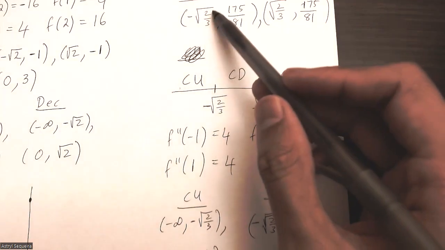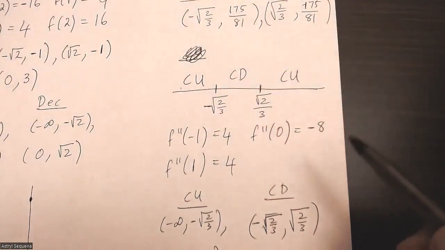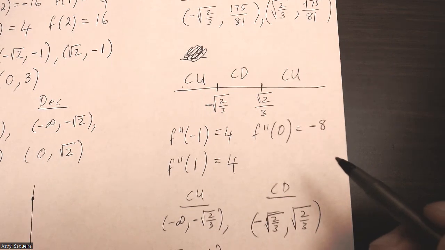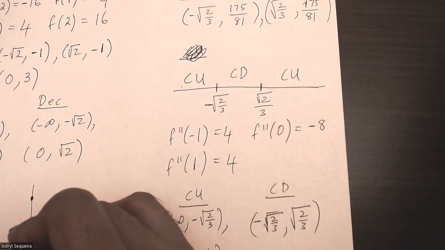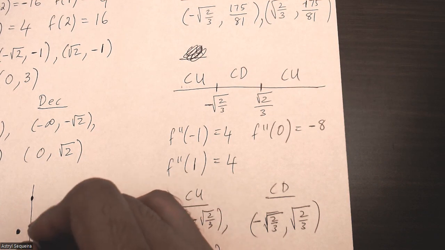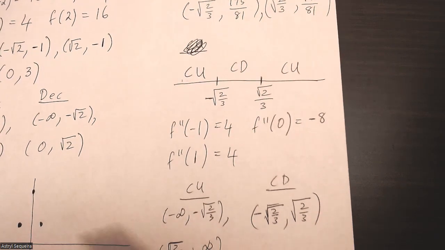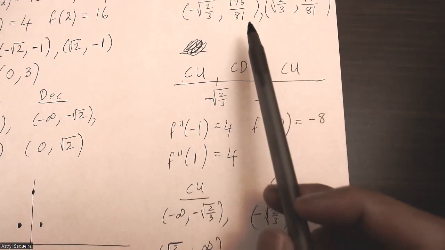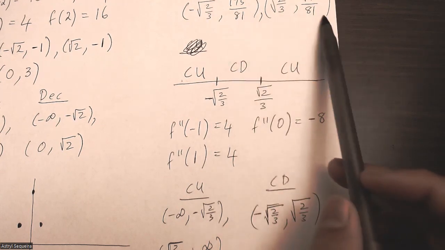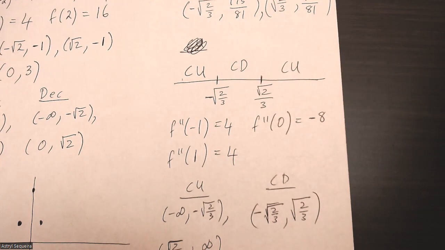My inflection points are negative root 2 over 3 and 175 over 81. If you convert these to decimals, they'll be a bit easier to plot, but we can tell that they are approximately somewhere over here in between these, slightly more towards the positive because they are positive values on the y-axis. And then I'm just going to draw it.